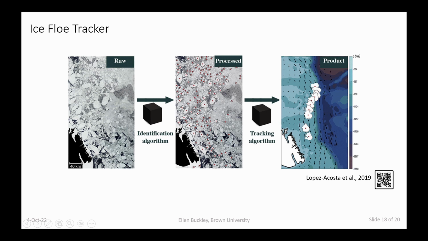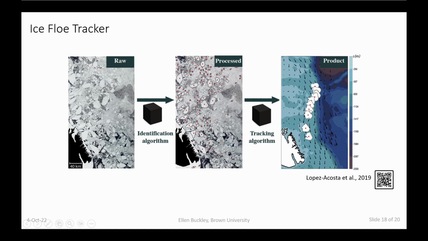Now I'm in my postdoc position at Brown with Monica Martinez-Alhamis. Her lab has created this ice floe tracking algorithm that is able to identify floes in MODIS imagery. After identifying individual floes, you can extract different features like area, perimeter, and minor and major axes.